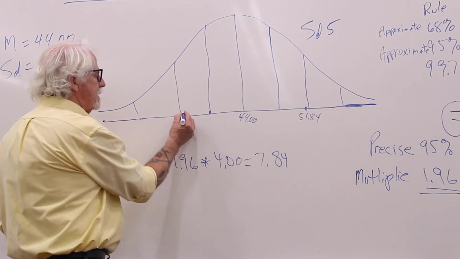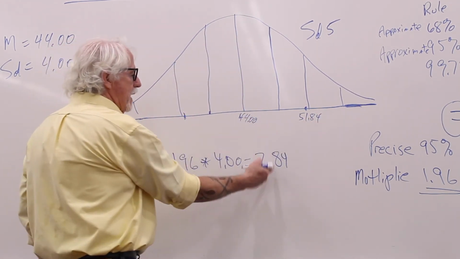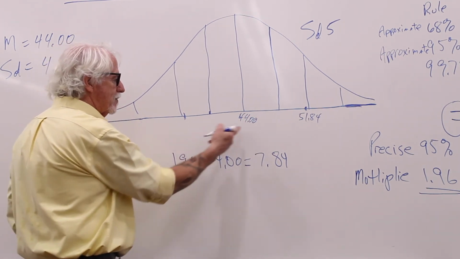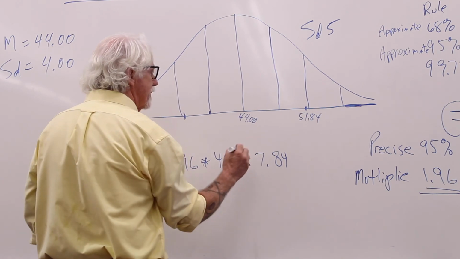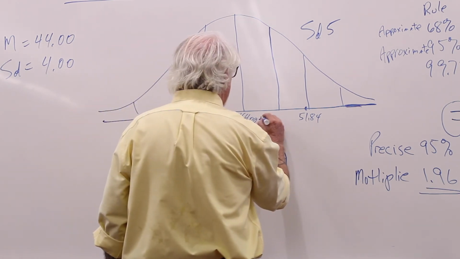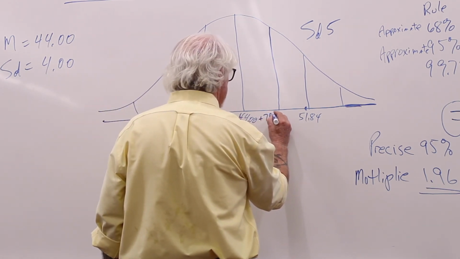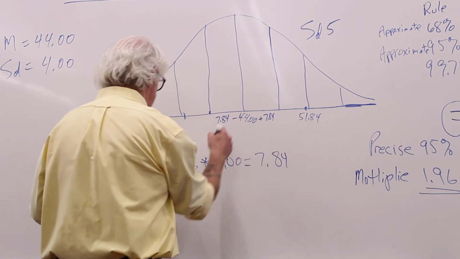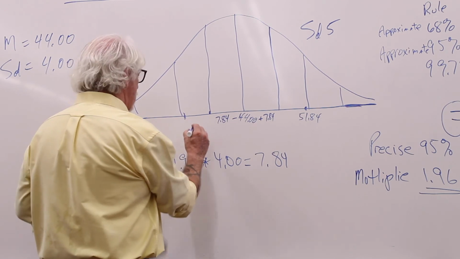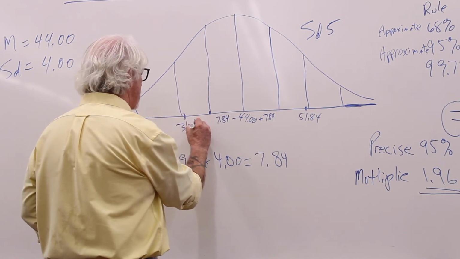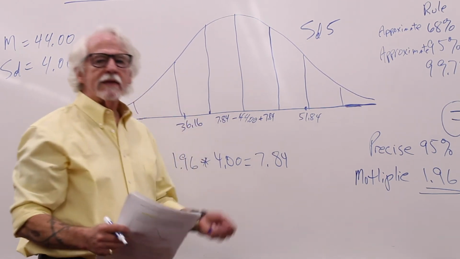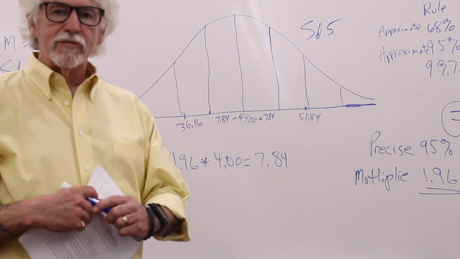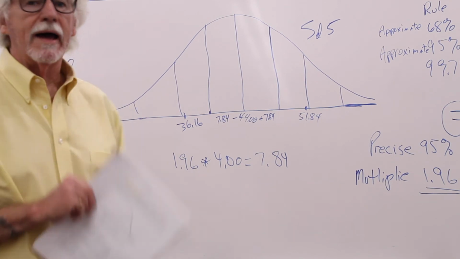Then on this side, I don't add, I subtract, because I'm going down, I'm going to the negative side. So 44 minus 7.84 ends up being 36.16. That's what the multipliers give you: what these values are for spots along the line.